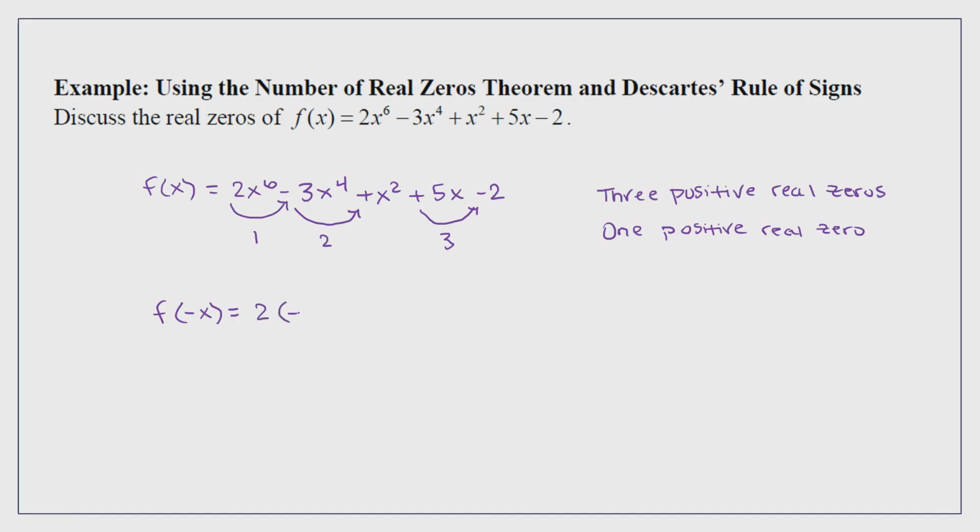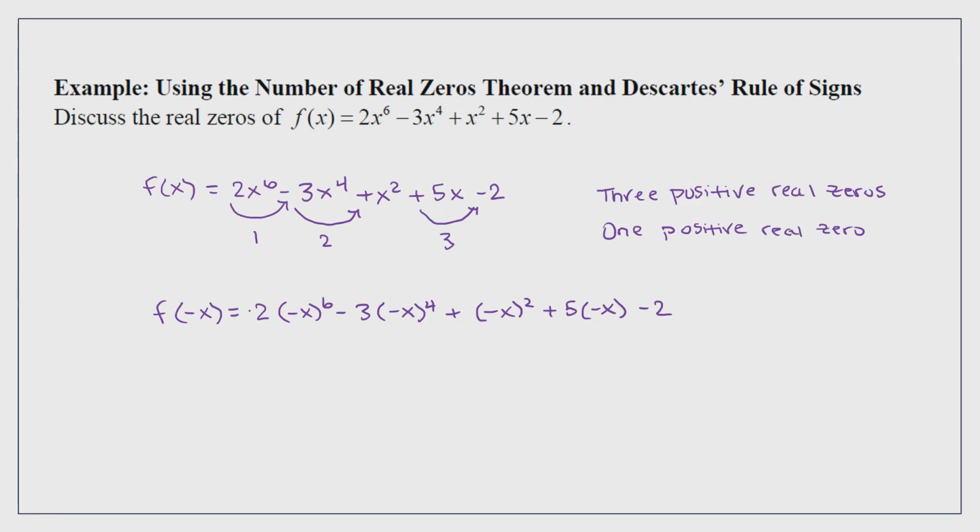So 2 times negative x to the 6 minus 3 times negative x to the 4th plus negative x squared plus 5 times negative x minus 2. Now, if I have an even power on a negative value, I know my sign will always be positive. The only time my sign will be negative is if my power is odd.